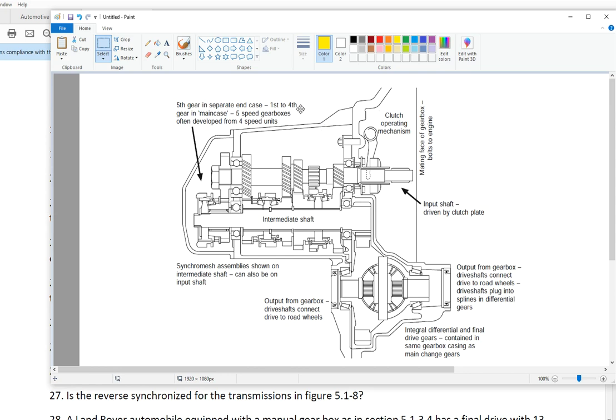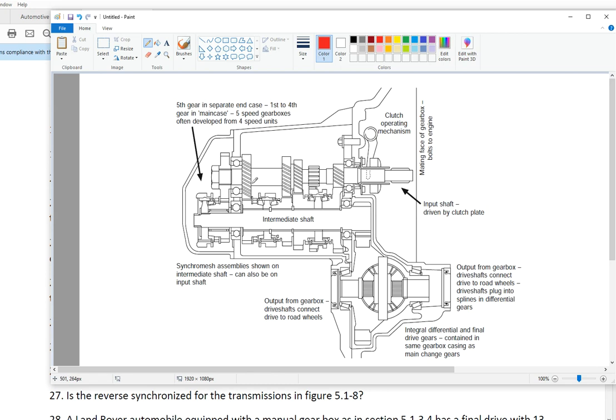So in top gear we have the following path. Input is from the clutch, and in top gear is an overdrive, so we're having a transmission ratio that is the lowest transmission ratio.